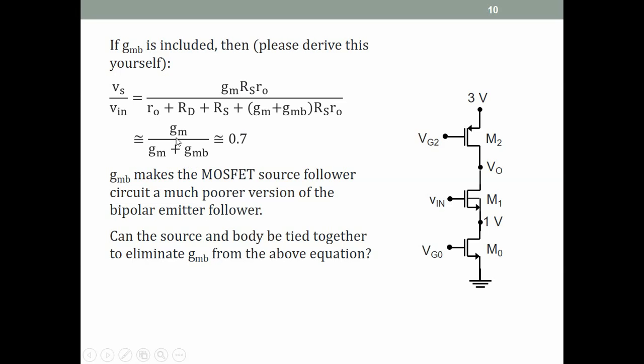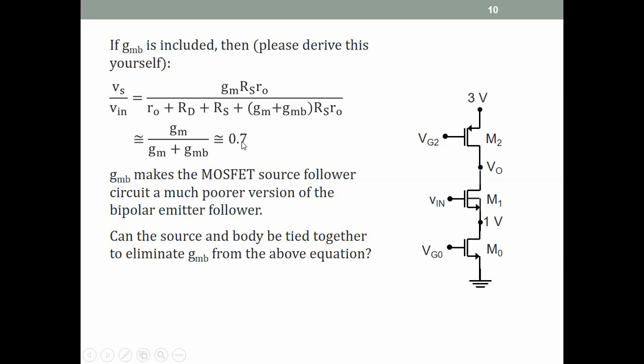Now for typical numbers and ratios of GM and GMB, this turns out to be about 0.7 for basically all IC MOSFETs, roughly of this order. GMB cannot be made very small, it is just the construction of the MOSFET. And because GMB cannot be made small, GM by GM plus GMB cannot be made close to 1. And so the source follower circuit in a realistic technology has a gain of 0.7.